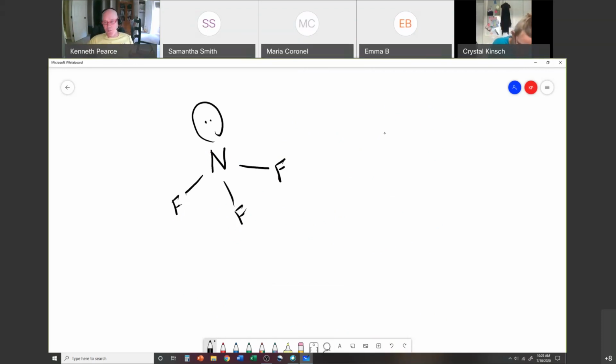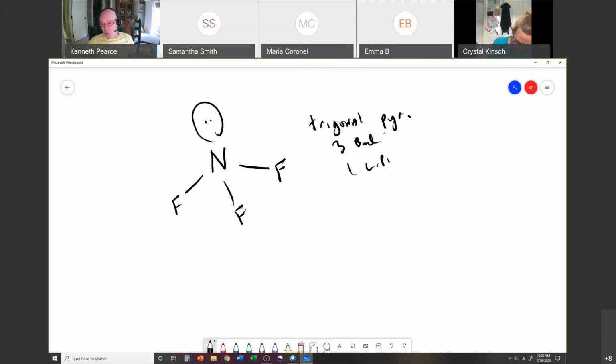Tetrahedral, electron domain, and the molecular is trigonal pyramidal. Okay, as far as the molecular geometry goes. 3 bonded, 1 lone pair.